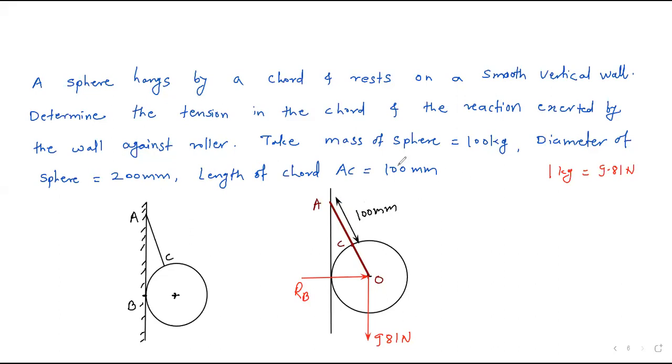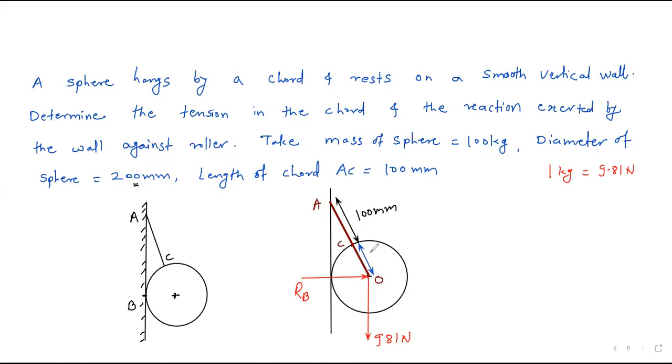Also the diameter of the sphere is given to us. What is the diameter of the sphere? The diameter of the sphere is 200 mm. So if the diameter is 200 mm, then from O to C, this will be the radius. Right? Diameter means this is the full diameter. So O to C will be the radius. If I know the diameter, I can calculate the radius.